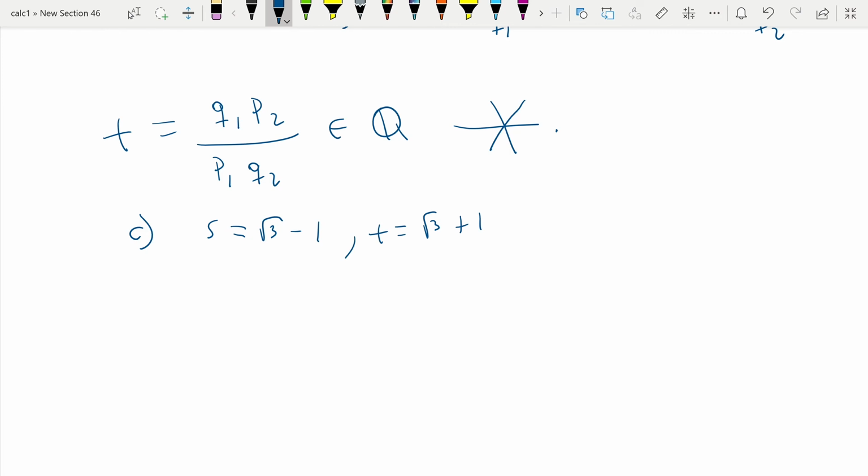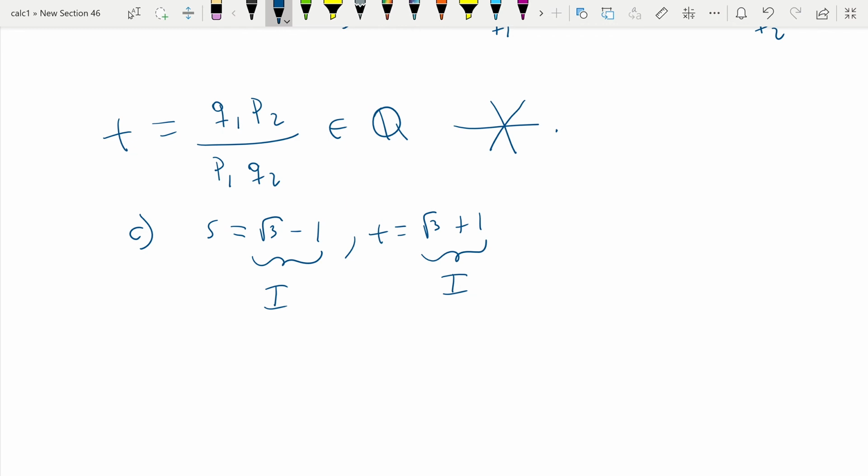So this number is rational. And this number is irrational as well. Why? Square root of 3, if you remember the discussion at the beginning and in the first problem session, is an irrational number. 1 and minus 1 are both rational numbers. They're integers. And what did we say about adding an irrational and a rational number in part B?